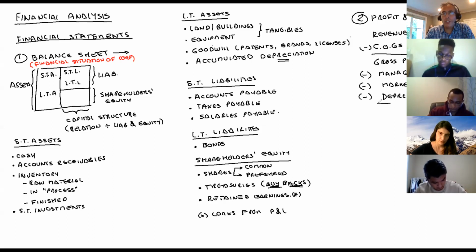Okay, if you subtract this one here, what you obtain is earnings before interests and taxes. After this, of course, you do financial costs.